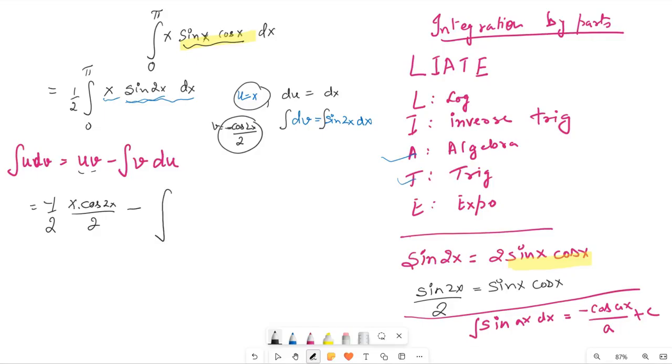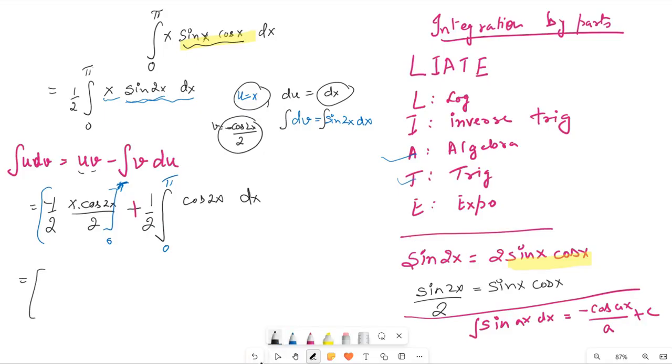This is also negative, two negatives make it positive. Cosine 2x by 2 I'm going to write out, and du is just dx. But remember, this was a definite integral problem. That means this part is already solved, so I have to write the limits on the left-hand side. But here the integral is still on, so I have to write limits here. So limits were 0 to pi.